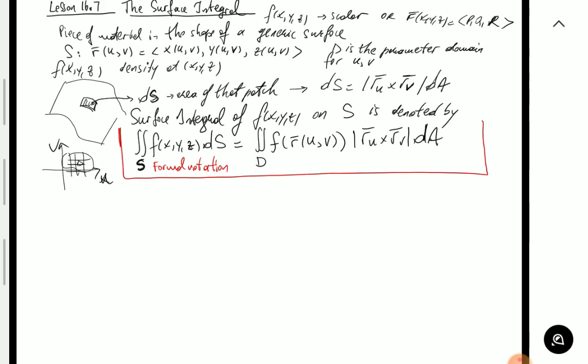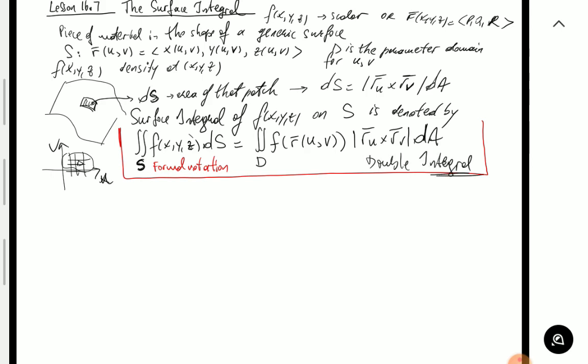The double integral is for a function of 2 variables. So although we use the same symbol because the domain of integration is still 2-dimensional, the fact that we integrate a function of 3 variables is the clear sign that that's a surface integral. However, the way we compute the surface integral is still via an old-fashioned double integral.